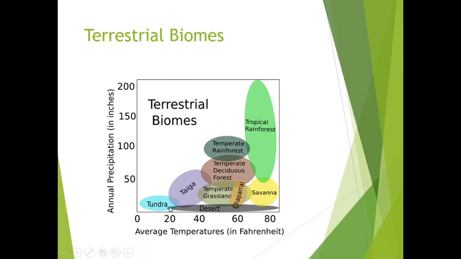Deserts, right? Desert can be warm or it can be cold, but it doesn't have that much rainfall. Whereas tropical rainforests are always warm and have a whole lot of rain. So, basically this does a pretty good job of separating out the different biomes.